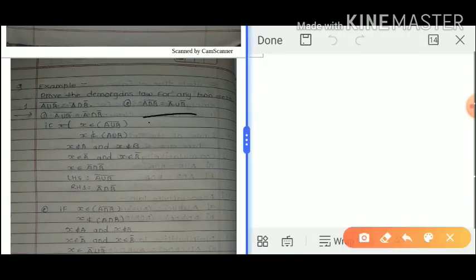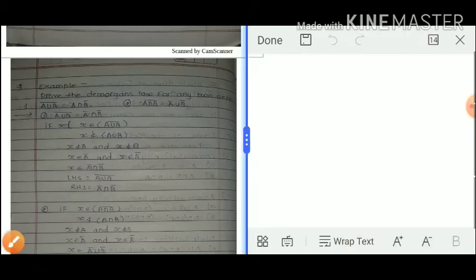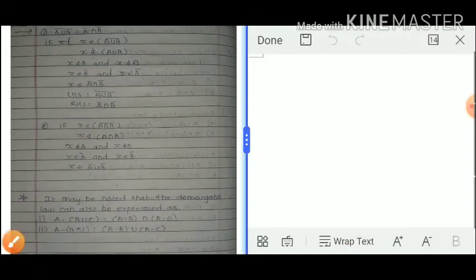Second law: A intersection B complement equals A complement union B complement. Now we are going to prove the second law of De Morgan's law.